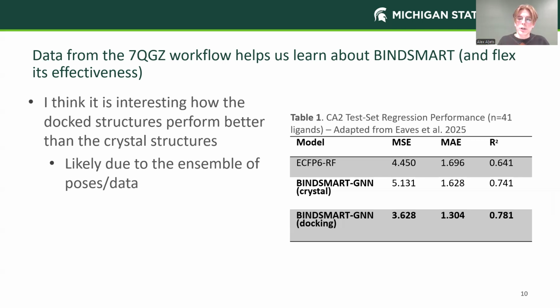But I talked to Joelle, and they said it was probably due to the ensemble, the 10 or 100 or however many poses the neural network got to look at and be trained on, which I thought was pretty interesting. It was kind of interesting how the simulated one would outperform the real one.